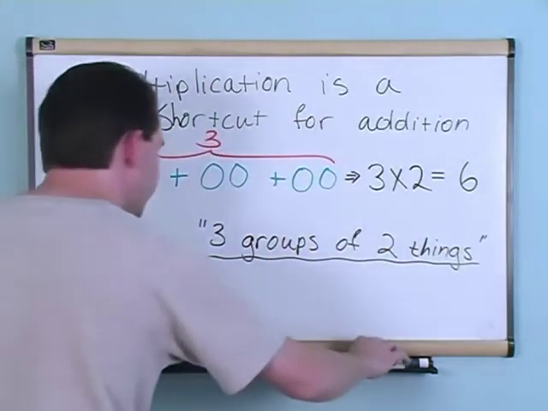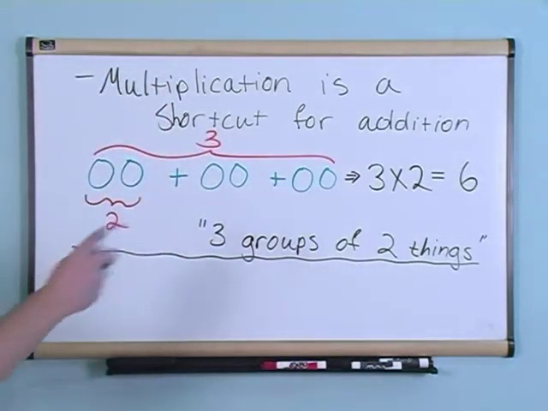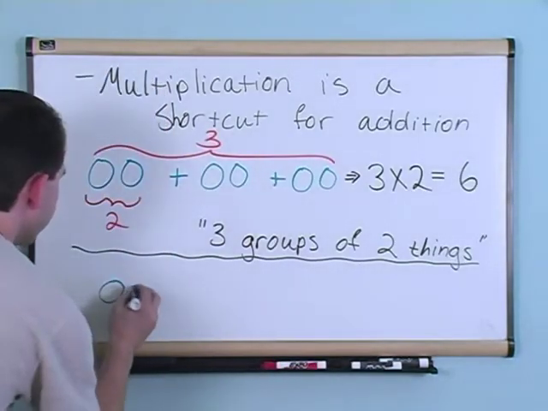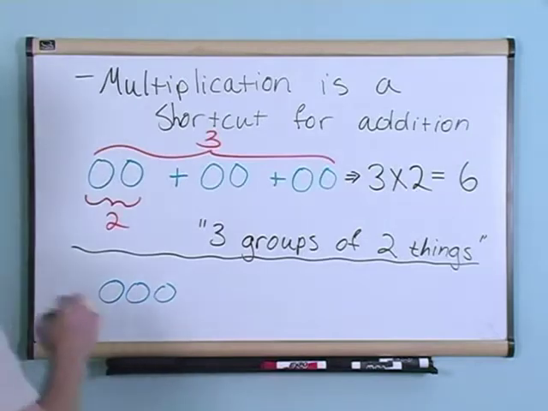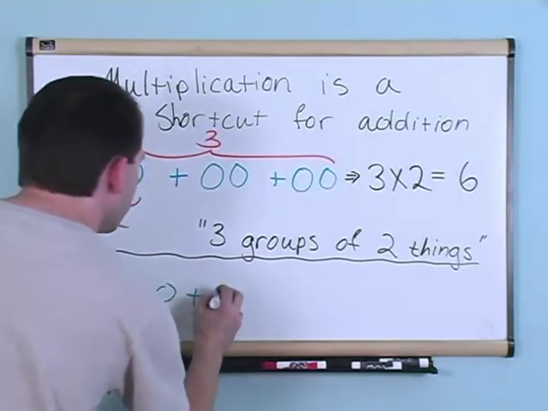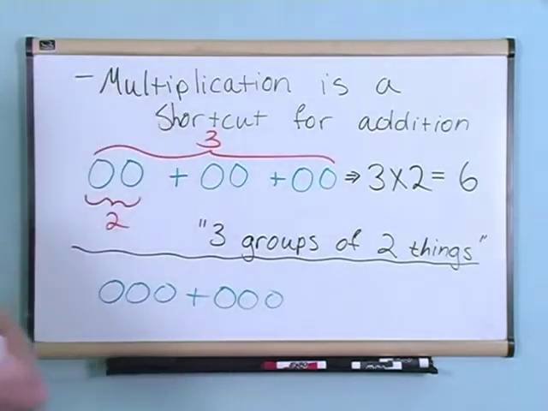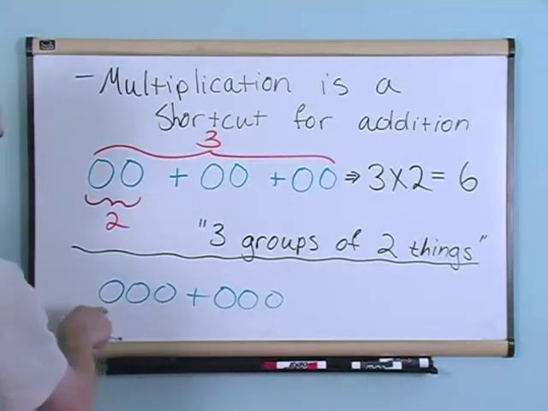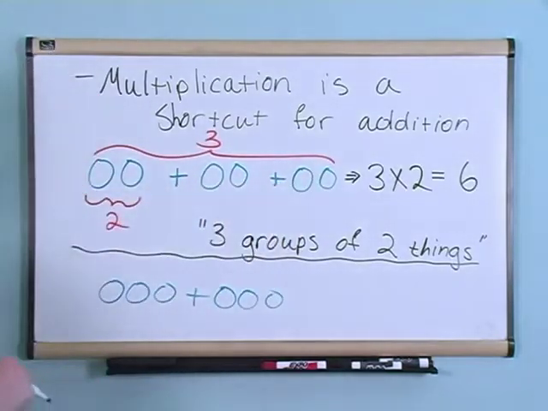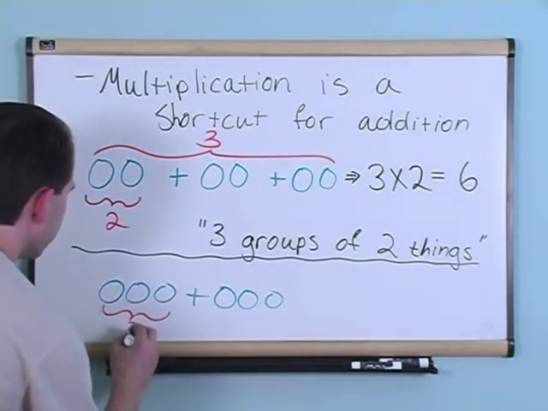Now let me do things a little bit different, and let me draw it like this. What if I have 1 circle, 2 circle, 3 circle, and I'm going to add to it 3 more circles, okay? Now, it's the same number of circles in both cases, okay? But what I have here is, I have 3 circles, okay?